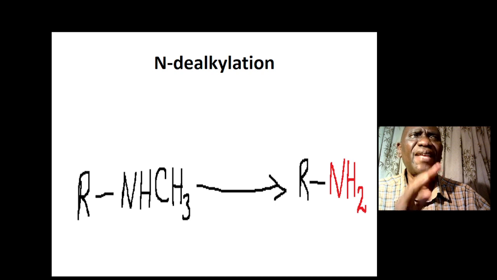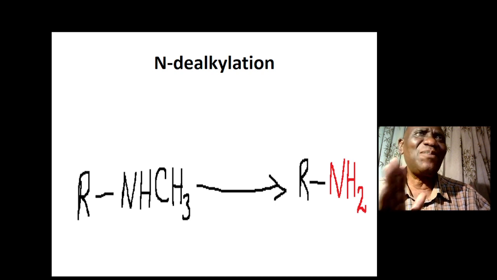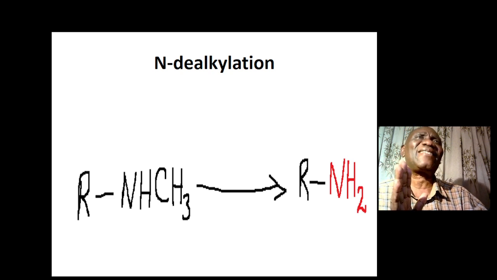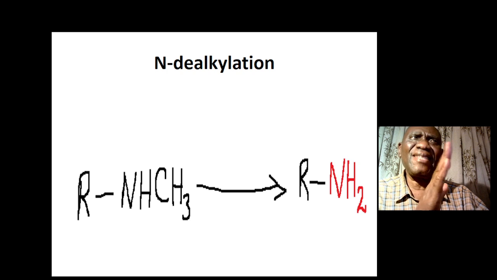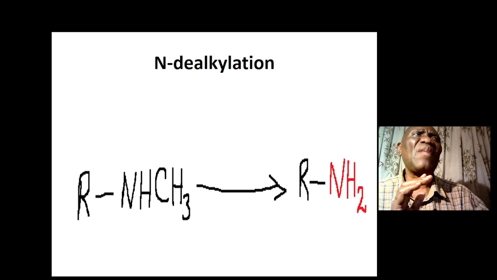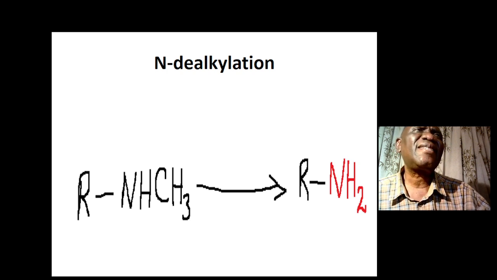If you have NHCH3 in any molecule which is complicated, suspect that this can lead to this chemical reaction, N-dealkylation, or the removal of the alkyl group, leaving an amine.